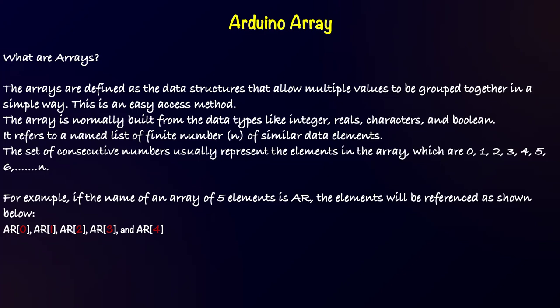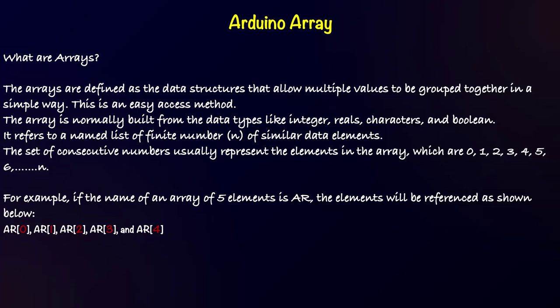For example, if the name of an array of 5 elements is AR, the elements will be referenced as AR[0], AR[1], AR[2], AR[3], AR[4], inside square brackets. What does that mean? There is an array made up of 5 elements or 5 characters, anything.